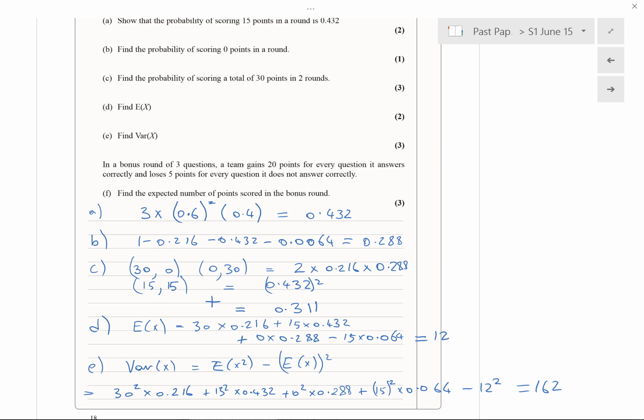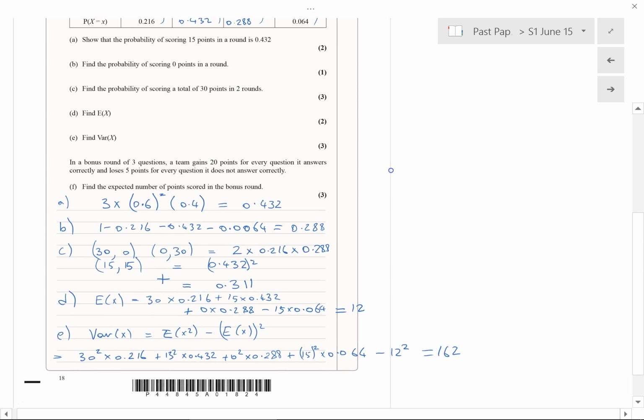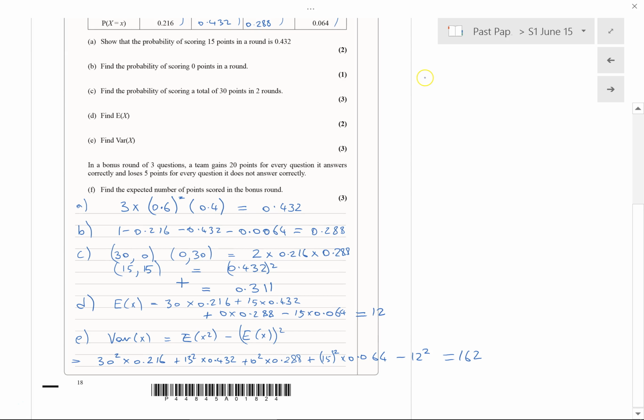So it basically wants us to set up a table for this situation. So let's do that. A team gains 20 points for every question it answers correctly.